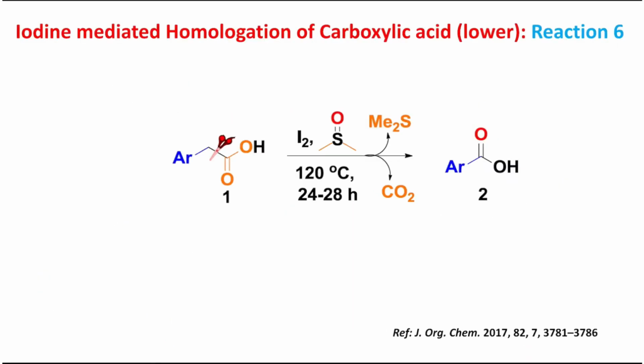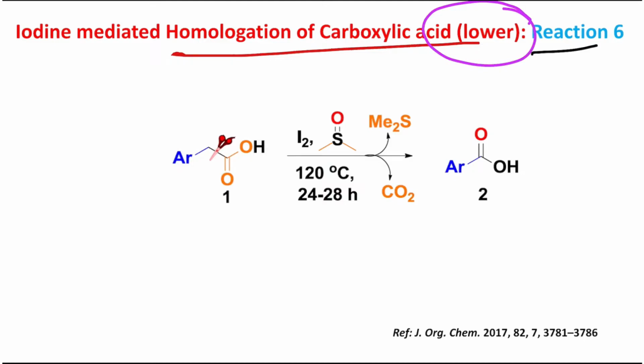Now let's go to reaction number 6, that is iodine-mediated homologation of carboxylic acid, or more specifically, if I say lower, it means this is a one-carbon reduction. You can see this is CSIR, so reduction, and ultimately it also produces a carboxylic acid. If I ask you, can you propose another reaction where the carboxylic acid carbon number could be increased?